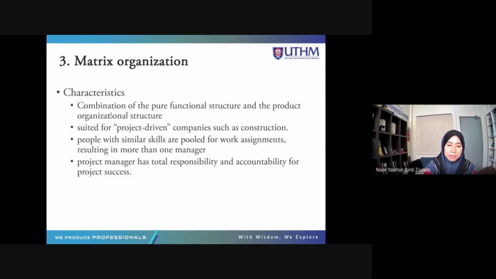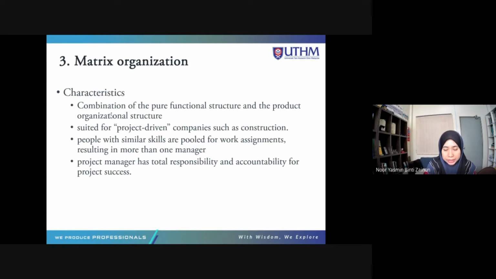Okay. And matrix organization yang ketiga ni is combination between the functional and project. Dia combine, jadi setiap function control project tertentu. Ada project manager untuk A, okay, project manager untuk B, tapi under the functional punya organization. Nanti kita tengok macam mana.